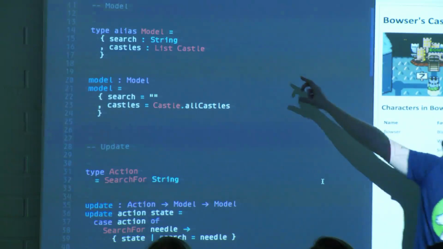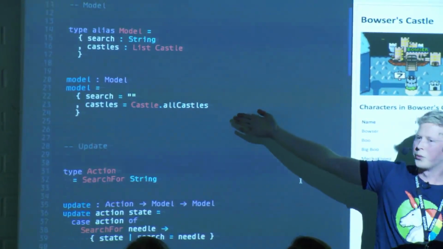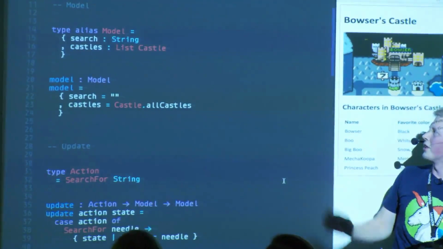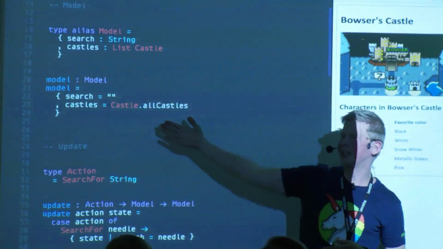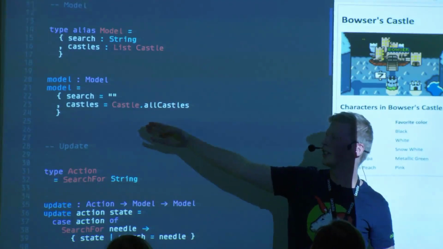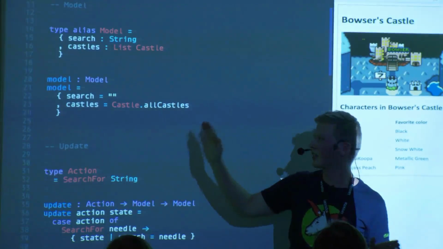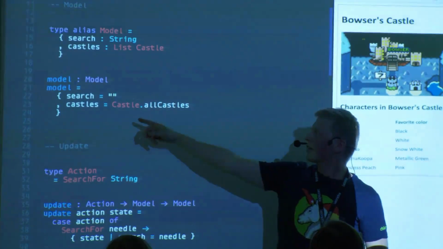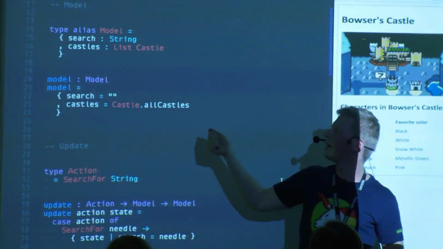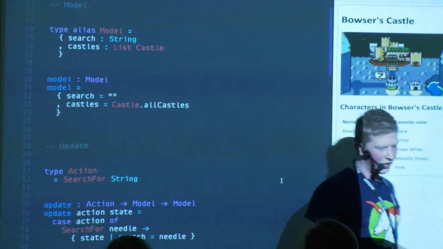We're just defining the shape of the data that we have, and what we will begin with. So the original state of the world, and it's immutable. You can think of it as a constant or a function that always returns the same answer. We have a search which is the empty string here, and then we have all castles from the castle module.